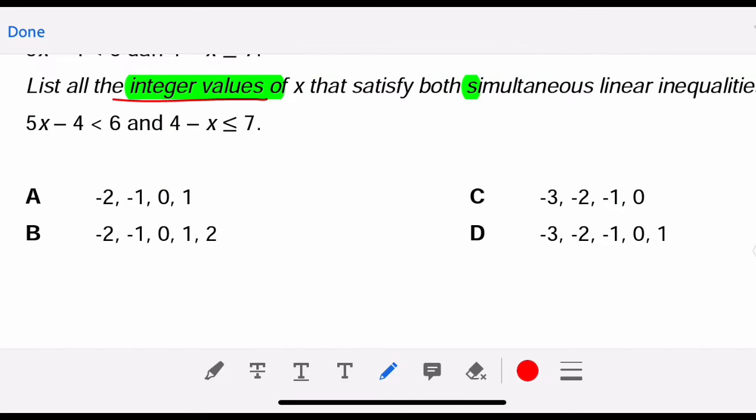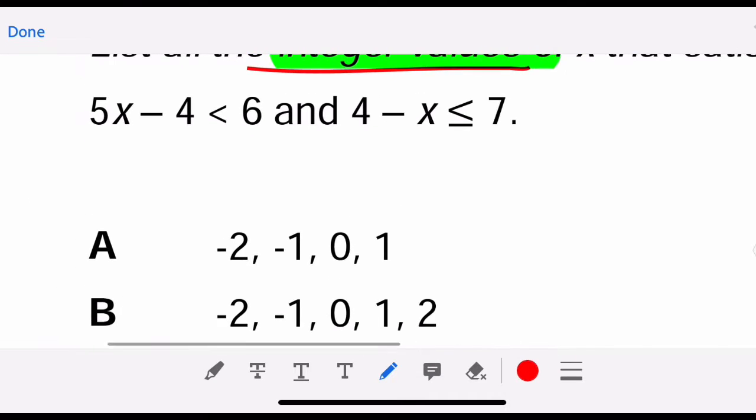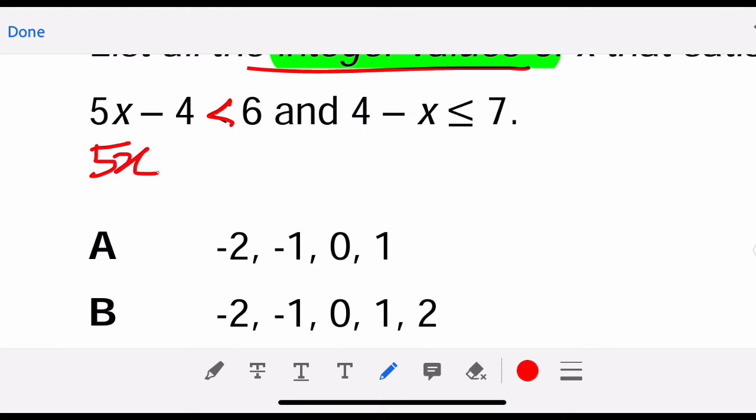So when you do linear inequalities, always remind yourself of this symbol, no equal sign. So when you solve, you solve like you do the equation, but you cannot write equal. Okay, 6 plus 4 is 10, right? This one you bring over, becomes plus.